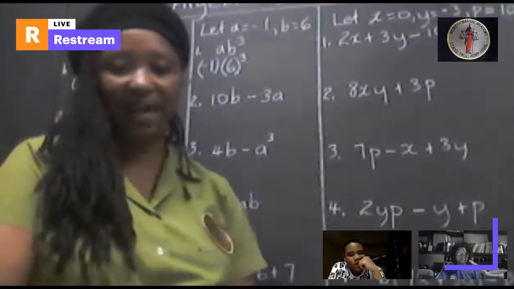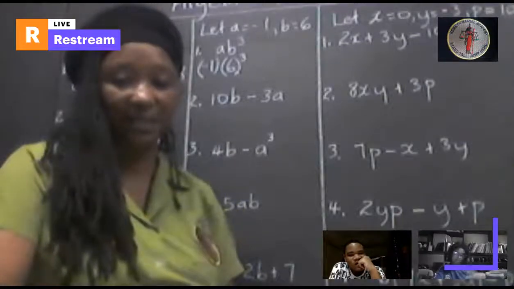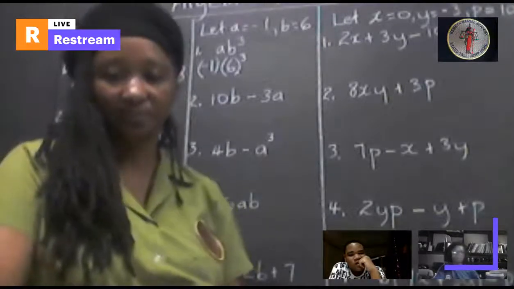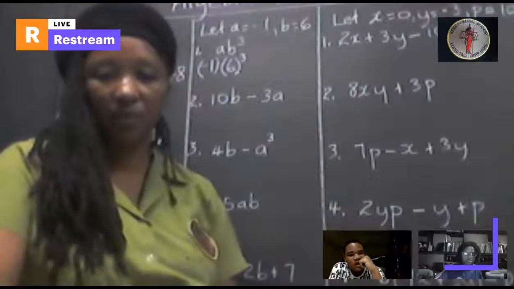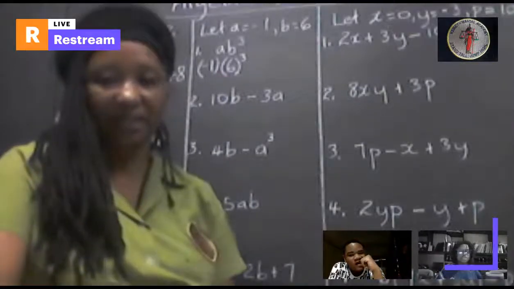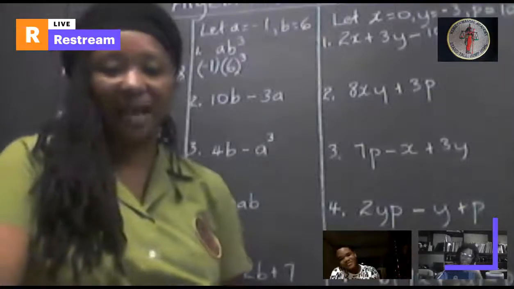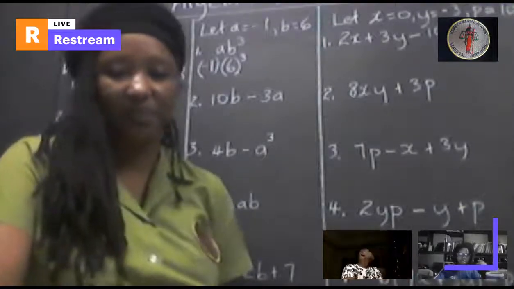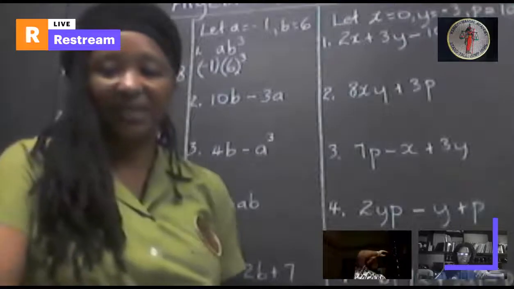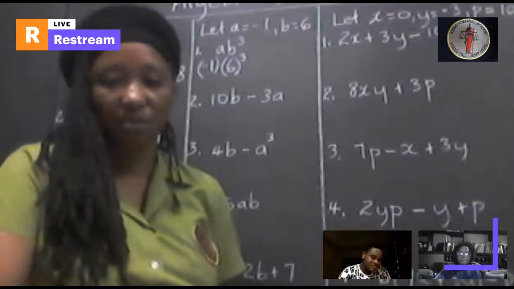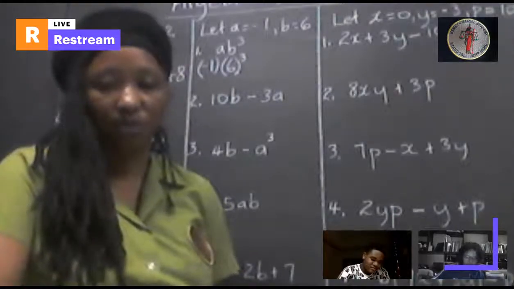So it's 6 times 6 times 6. And how much is that? 216. So 6 times 6 is 36. And 36 times 6 is 216.